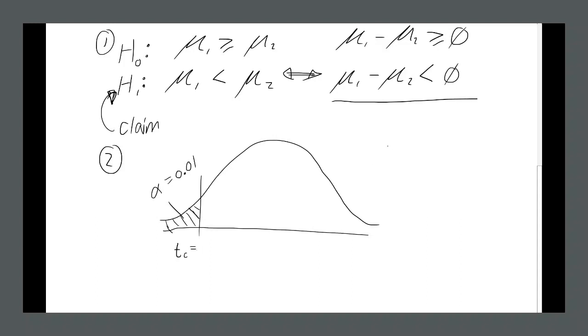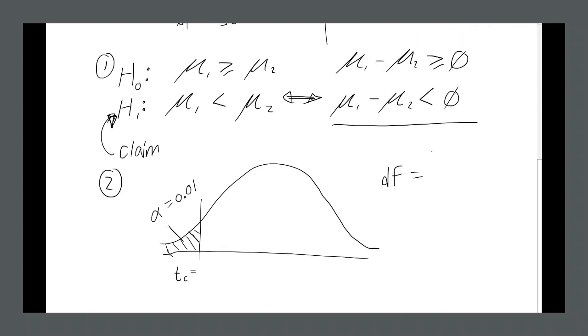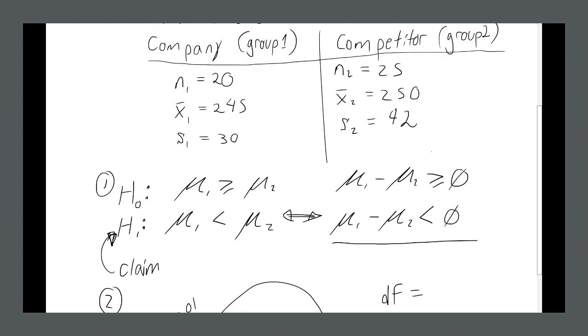So our degrees of freedom. Now, how degrees of freedom is calculated differs depending on what course you're in or what organization you're working for, what the application is. For the purposes of this walkthrough, we're just going to use the smaller of the two sample sizes minus 1. Our sample sizes are 20 and 25.